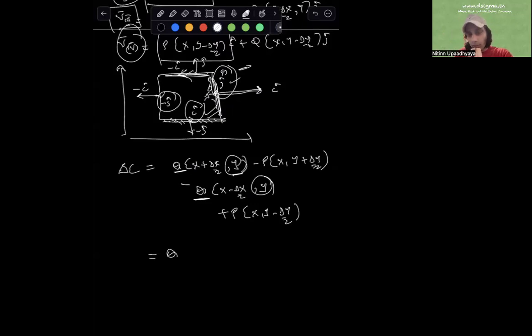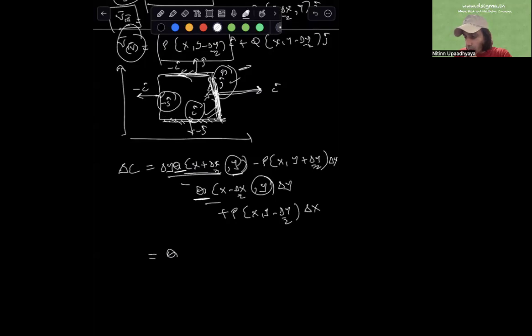So I multiply by the length of that segment. For the first segment, the length is del y, because you're traversing the length along the y direction. For the second segment, it'll be del x. For the third, it'll again be del y, and for the fourth, it'll again be del x.